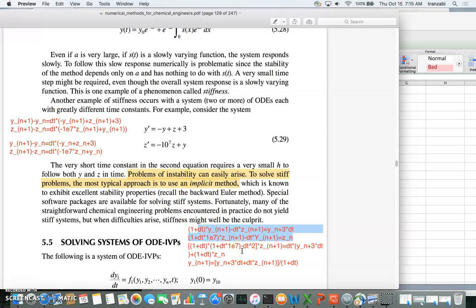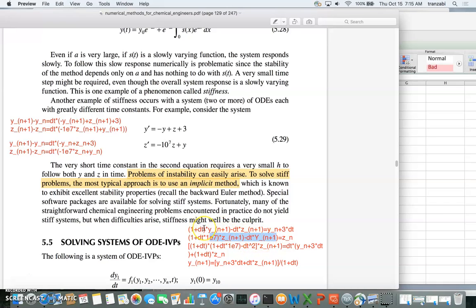Okay. Next, we look at these two, and if I multiply the first one by dt, and multiply the second one by 1 plus dt, then y_{n+1} goes away.